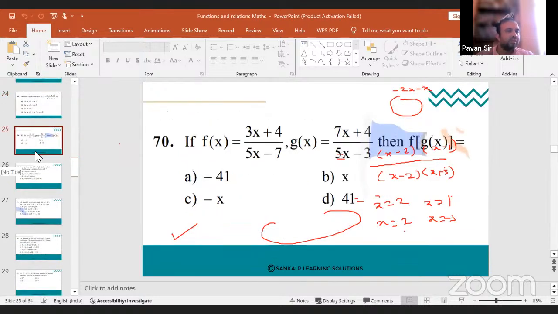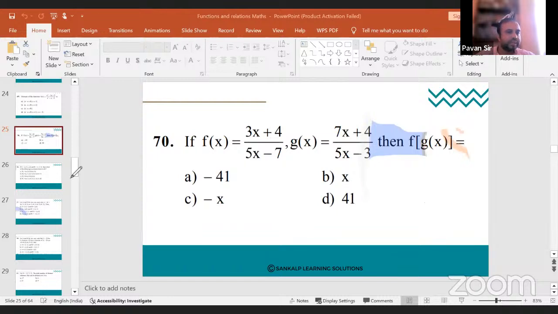Next question. Yes, next question, students. If f of x is 3x plus 4 upon 5x minus 7, and g of x is 7x plus 4 upon 5x minus 3, then f of g of x is equal to what?